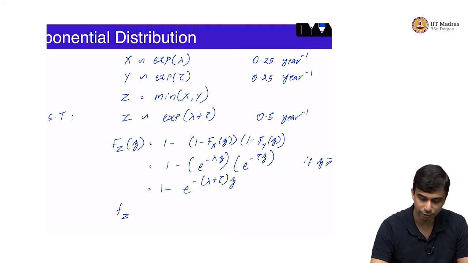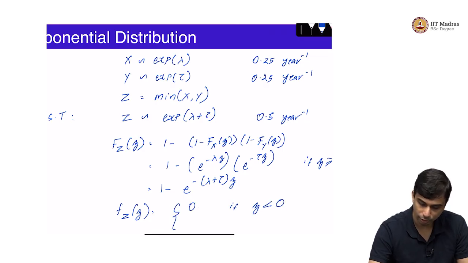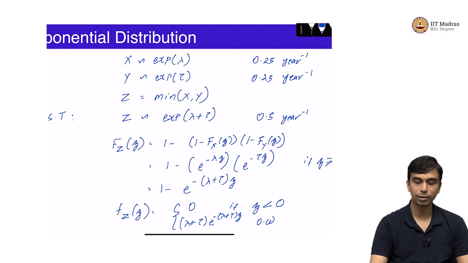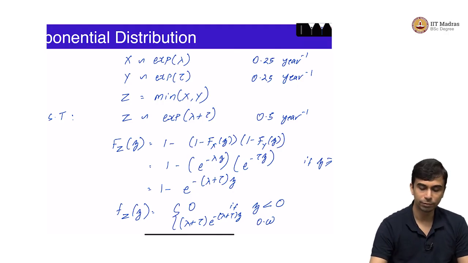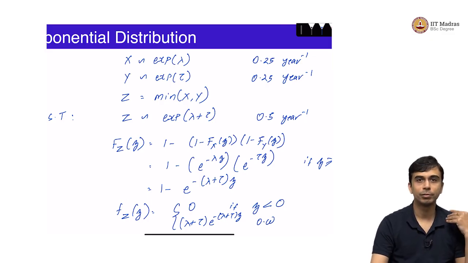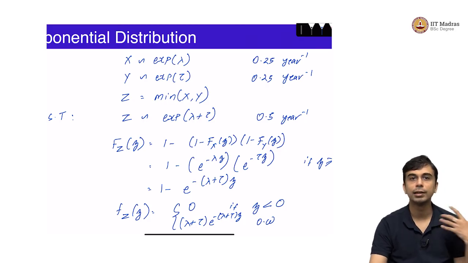The density of Z, f_Z of z, is equal to 0 if z is less than 0, and (lambda plus tau) into e power minus (lambda plus tau) z otherwise. So this is exactly the density of an exponential random variable with parameter lambda plus tau. This is one way you can see how the exponential random variable is a very natural way of modeling time of failure.